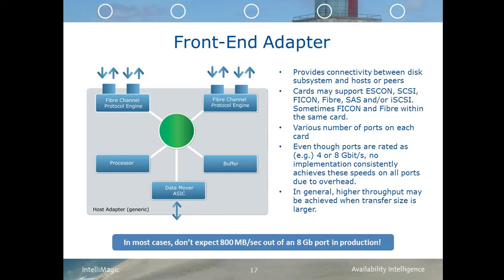It is usually not possible to run all the ports on an adapter at rated speed simultaneously. In fact, most production workloads won't achieve rated speed even when using a single port on an adapter. Thus, it is not very reasonable to expect 800 megabytes per second out of an 8 gigabit port in production.